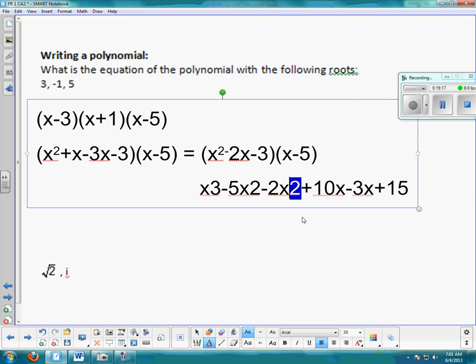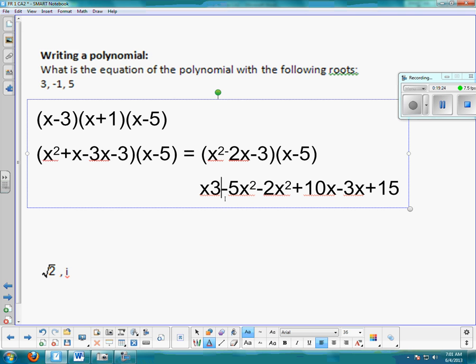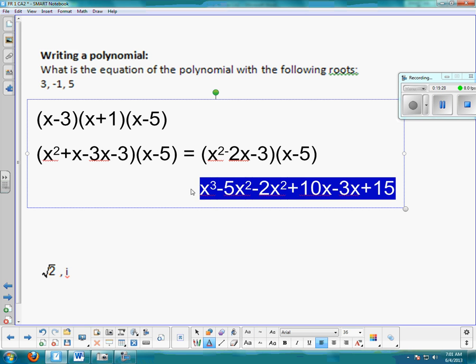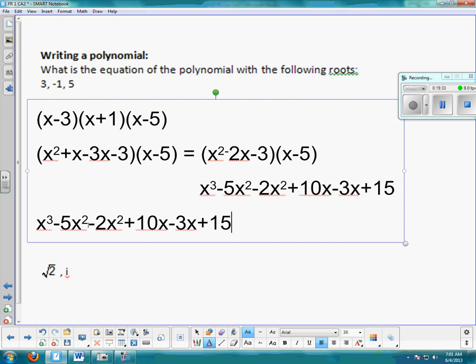And if I go ahead and combine like terms here, sorry for taking a while to do this, then I will get x cubed minus 7x squared, plus 10x minus 3x, which would become plus 7x, plus 15. And this is a polynomial that has these 3 roots, 3, -1, and 5.